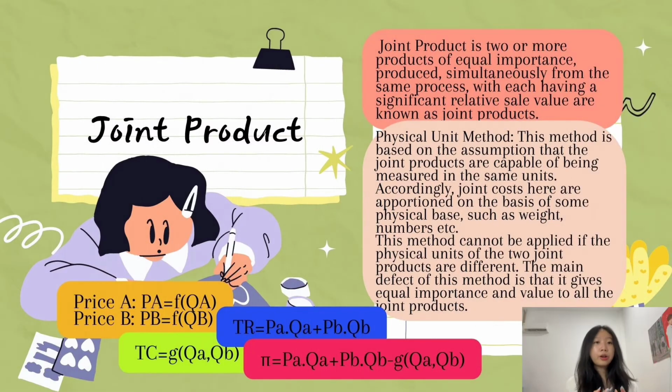So for this part, I'm going to explain to you about the joint product. Two or more products that are equally important to produce, simultaneously from the same process, each having a significant relative sale value, are known as joint products.